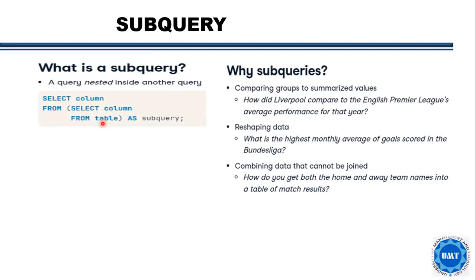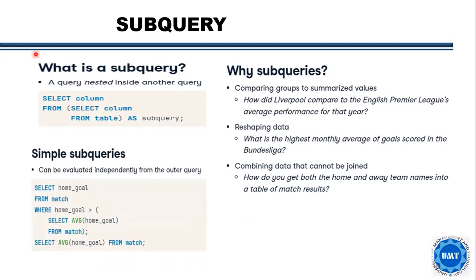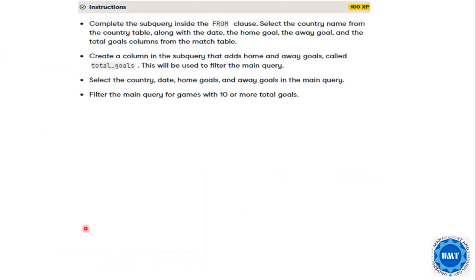How did Liverpool compare to English Premier League's average performance for that year? Reshaping data. What is the highest monthly average of goals scored in the Midland? Combining data that can be joined. So simple subqueries are: select column from the match, where the home goal, and then we are going to use the subquery.